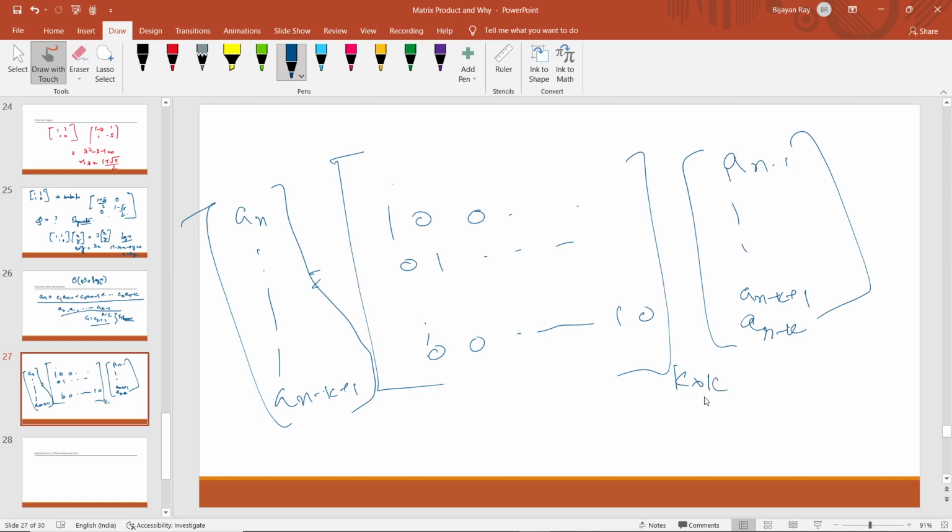This is a k cross k matrix. So one can easily see that it would be c1, c2, c3, dot dot dot, ck, right? This is easy to see.